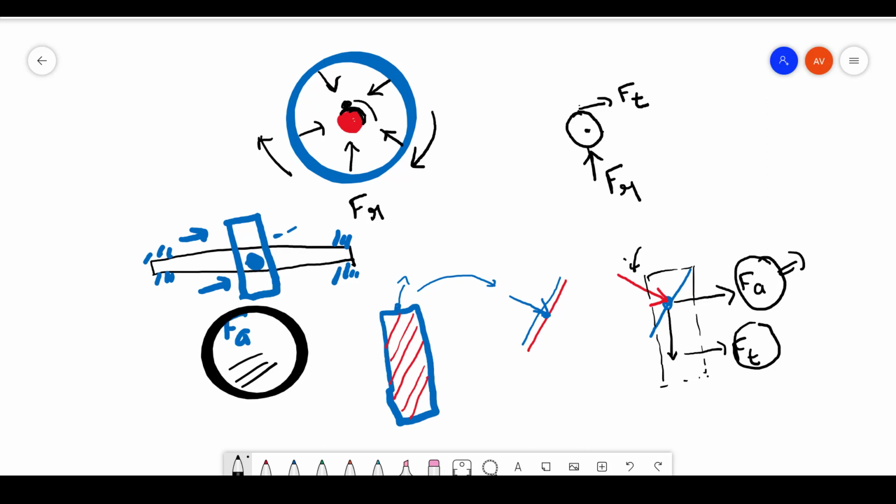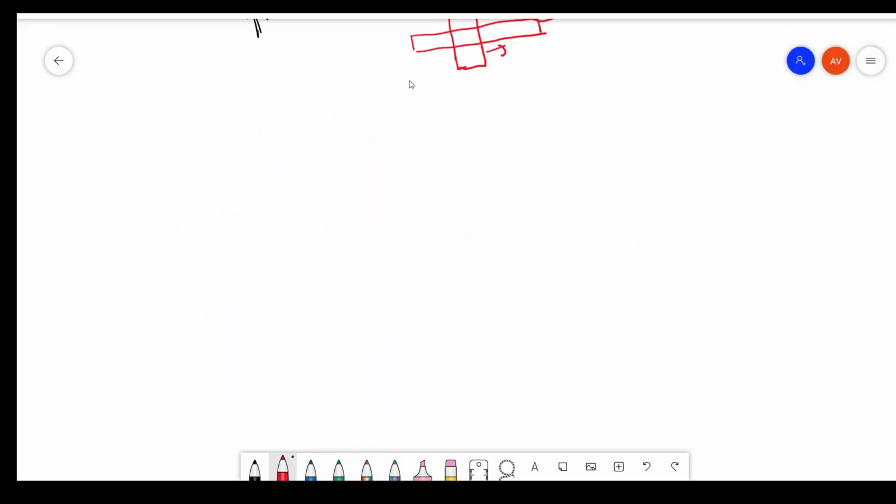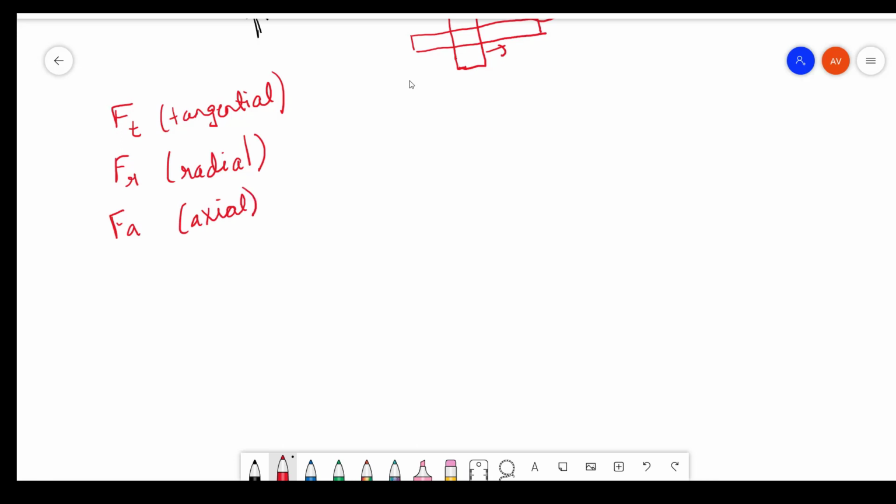This particular axial force will be acting on the rod as well, when it is in engagement. Now you have Ft, Fr, Fa: tangential, radial, axial. Let's take them one by one.